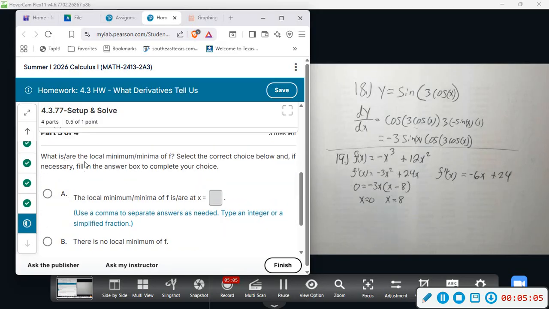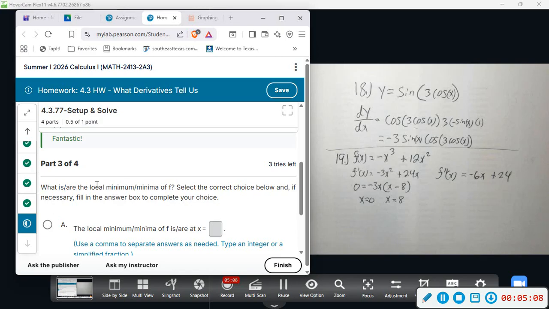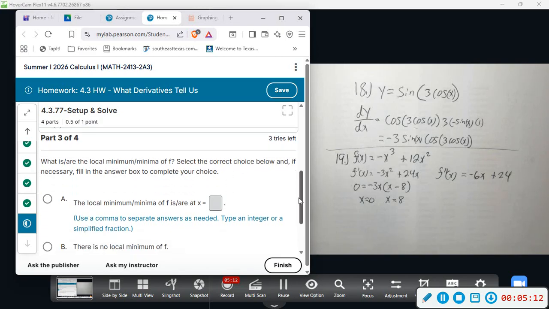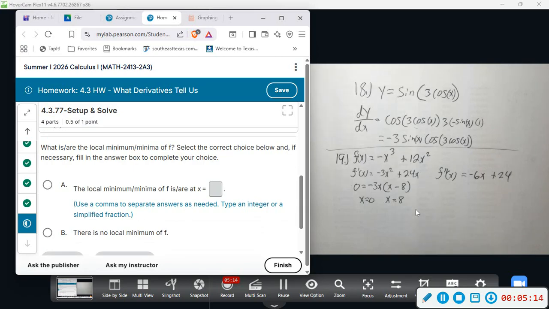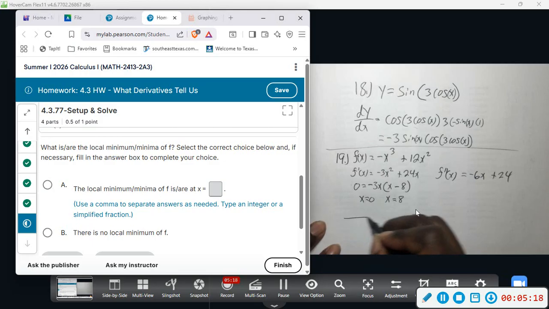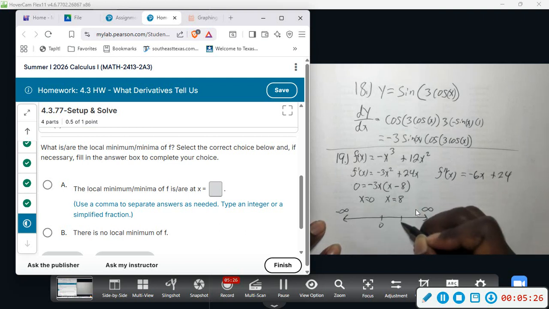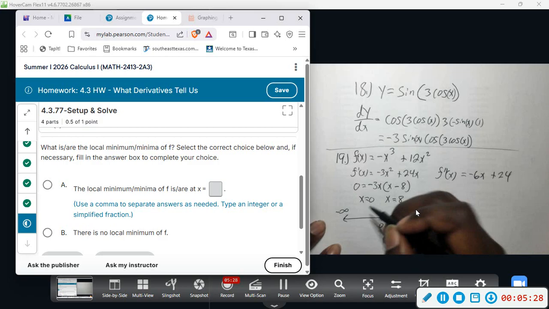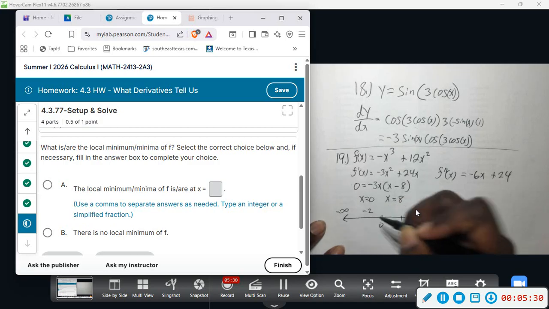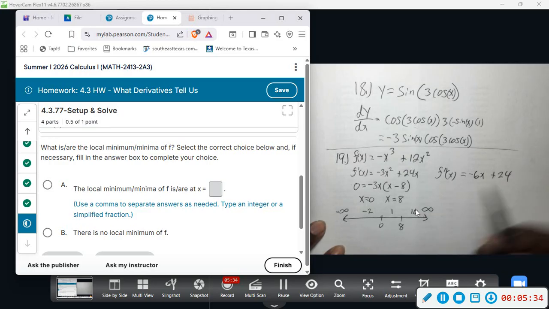Then we want to know what are the local minima and maxima of f, and then starting from the original or first derivative, run some tests, negative infinity to infinity, 0 and 8. So numbers to check, let's just say negative 2, positive 1, and 10.